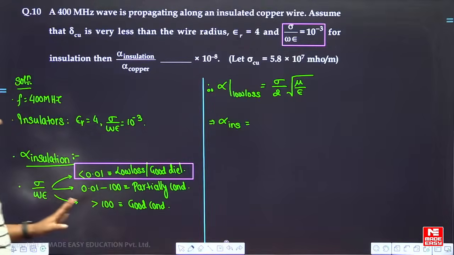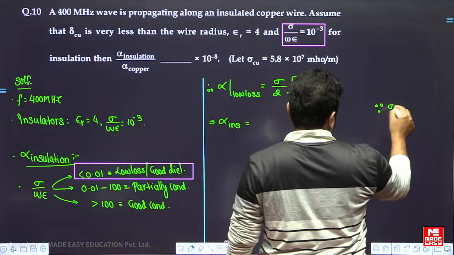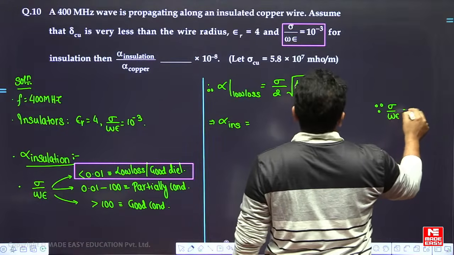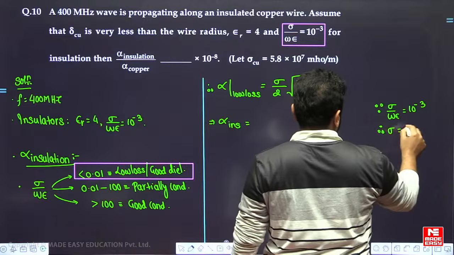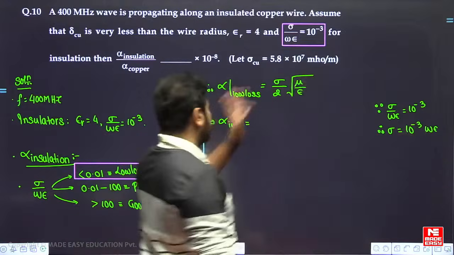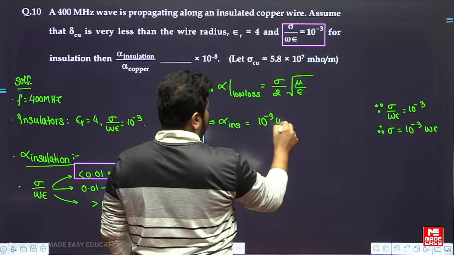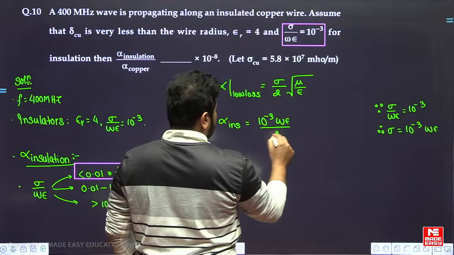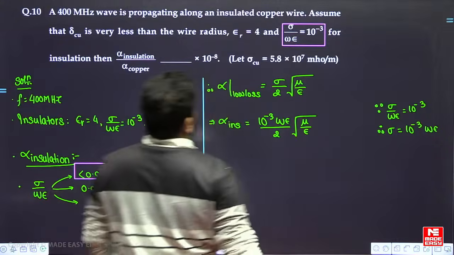Since sigma upon omega epsilon is given as 10 to the power minus 3, sigma equals 10 to the power minus 3 into omega epsilon. So I can replace sigma with this value: 10 to the power minus 3 omega epsilon by 2 root under mu upon epsilon.